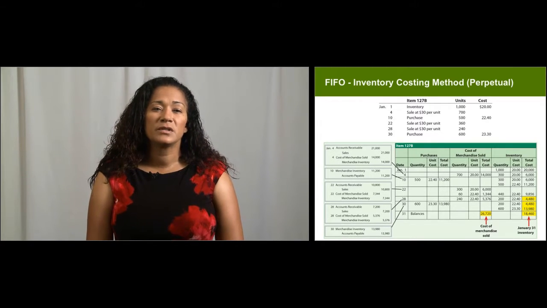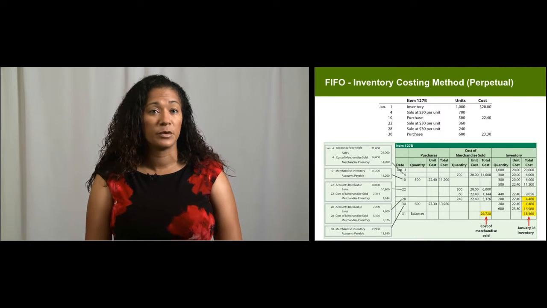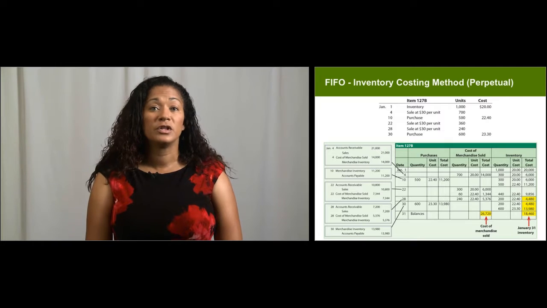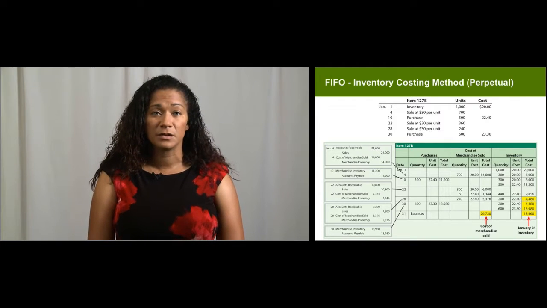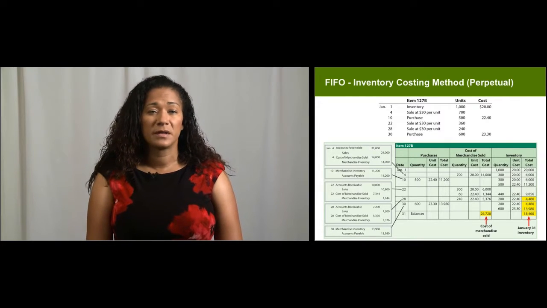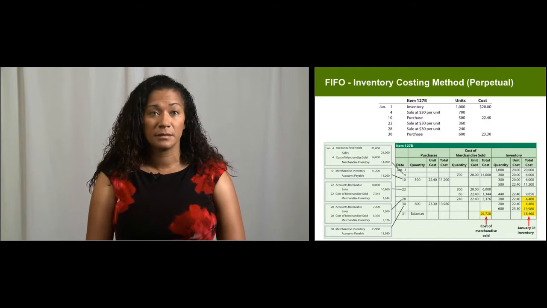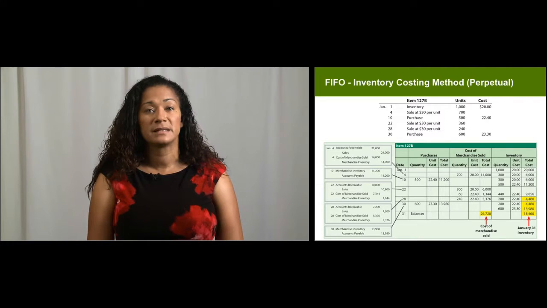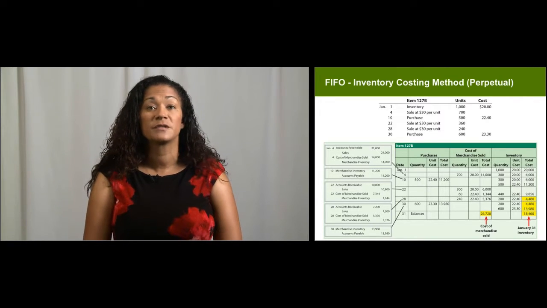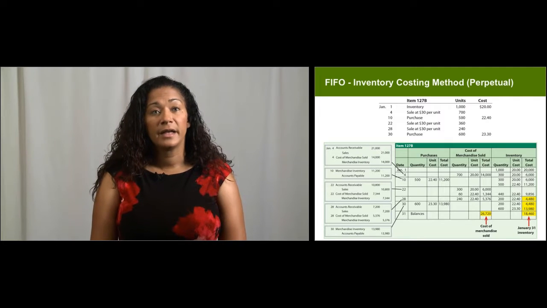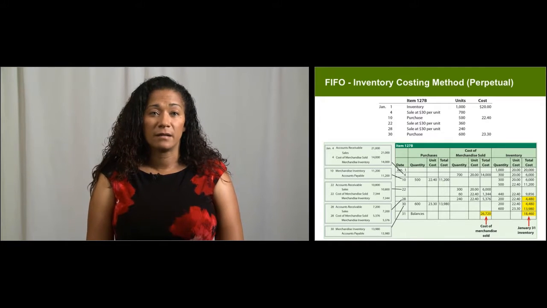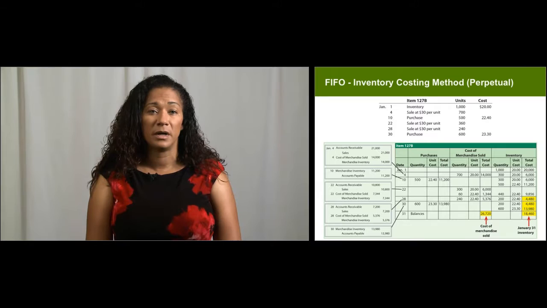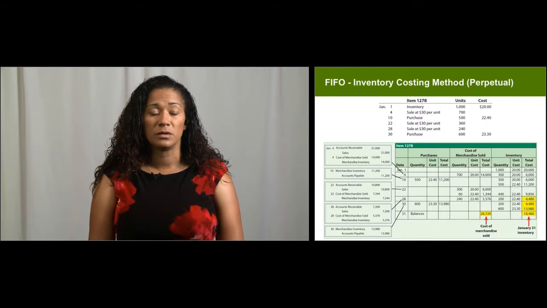The only units we have available to sell are the 1,000 units that carried over from the previous period. Therefore, the unit cost will be $20 because this is the cost of the 1,000 units we have in stock. Next, calculate the total cost by multiplying the 700 units by the $20 per unit cost, which is $14,000. Enter $14,000 in the total cost column under Cost of Merchandise Sold.